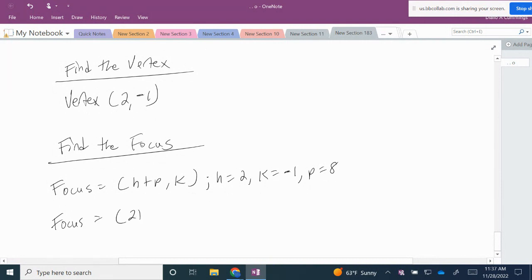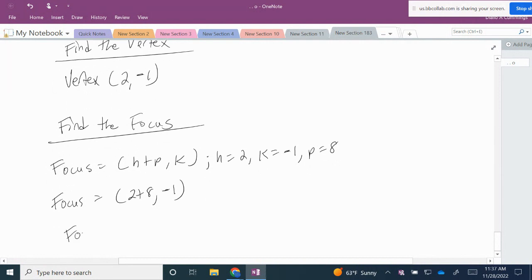So h plus p is 2 plus 8, and k is negative 1. So our focus is located at 10, negative 1.